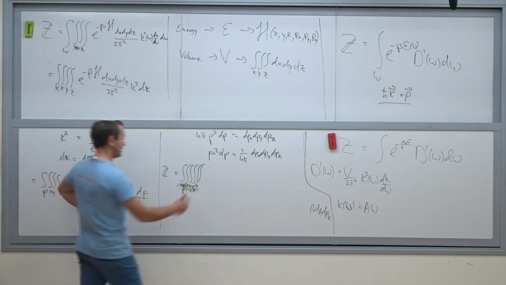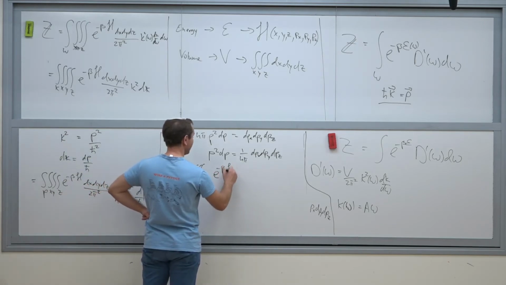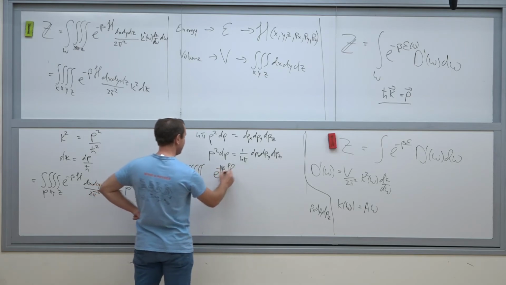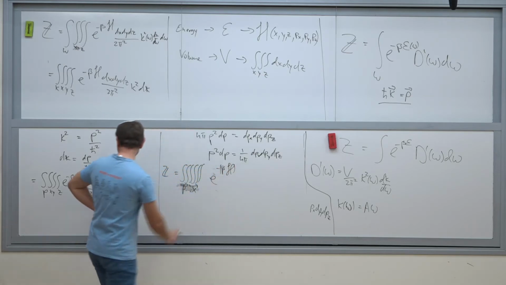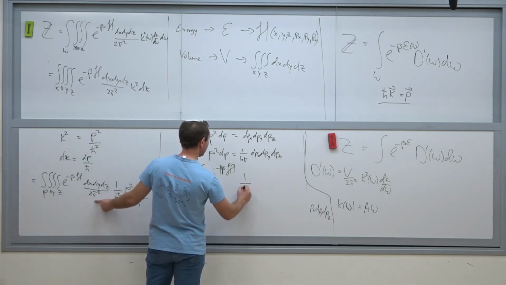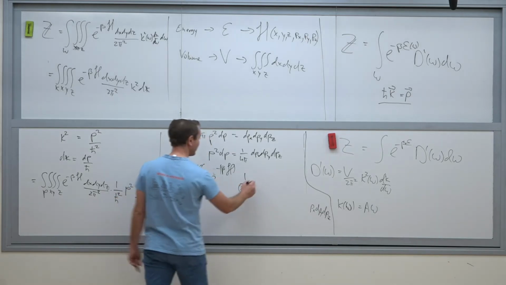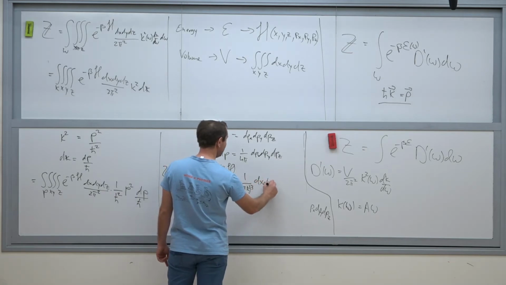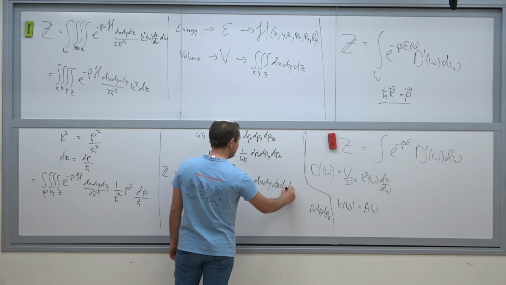Okay. What we have inside is e to the minus beta Hamiltonian, multiplied by 1 over 2 pi h bar to the third power. Here we have dx, dy, dz, dpx, dpy, dpz.